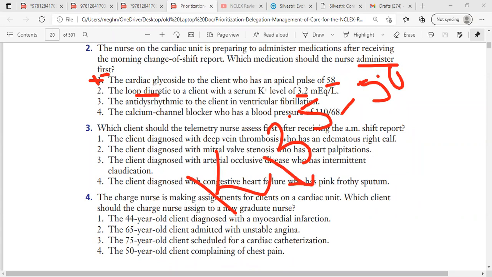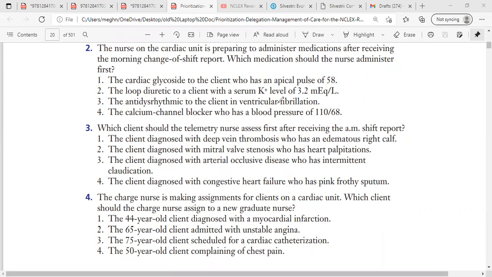Loop diuretics cause the loss of electrolytes, so hold it. We do not go for number 2 because the client's serum potassium level is already low, and the nurse should question administering a loop diuretic and notify the healthcare provider.